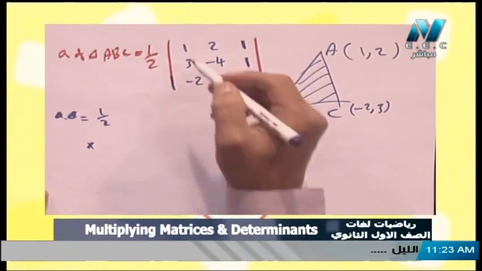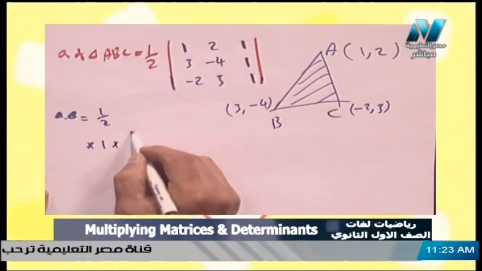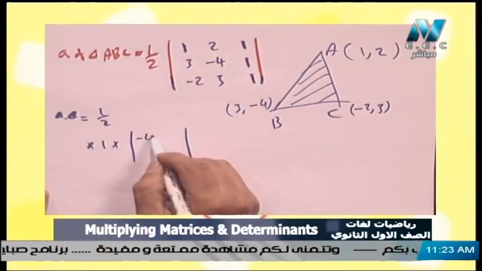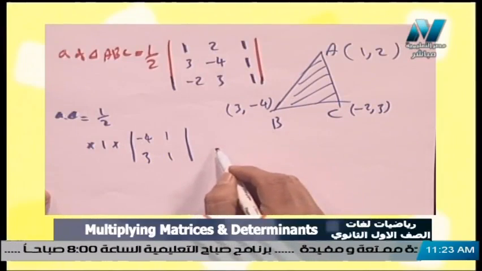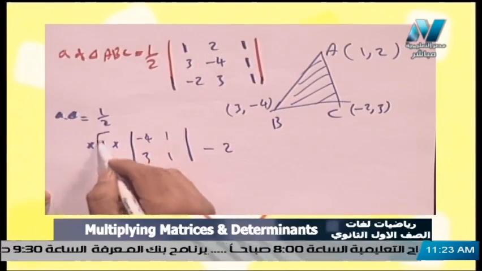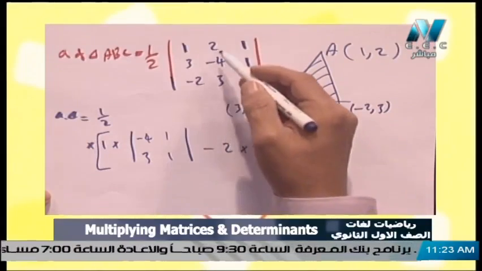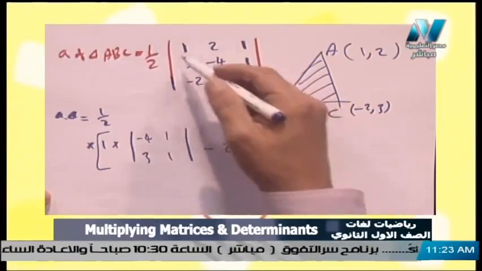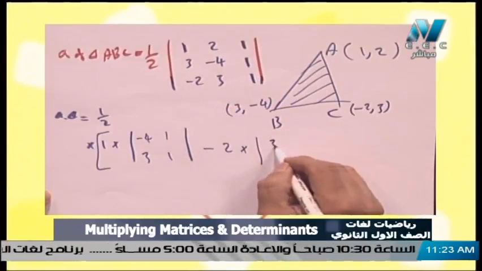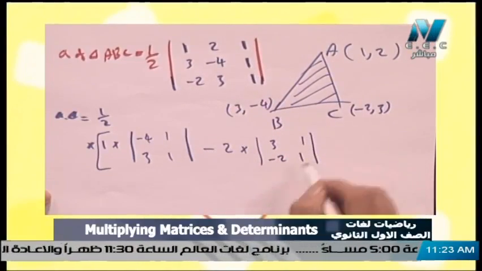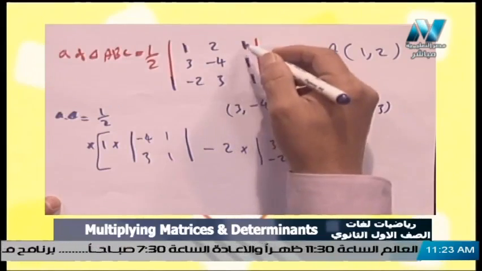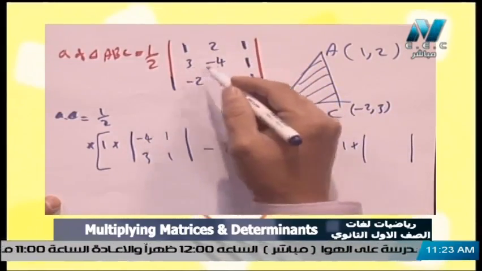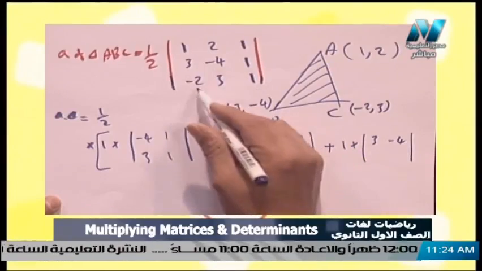Half times: first we have 1 times the determinant, cancel the column of 1 and row of 1, will be negative 4, 1, 3 and 1, minus 2 times, cancel this row, this column and this row, will be 3, 1, negative 2 and 1, plus the last one is 1 times the determinant 3, negative 4, negative 2 and 3.